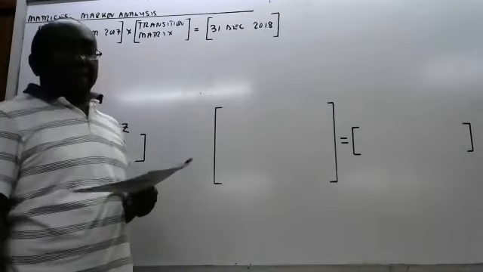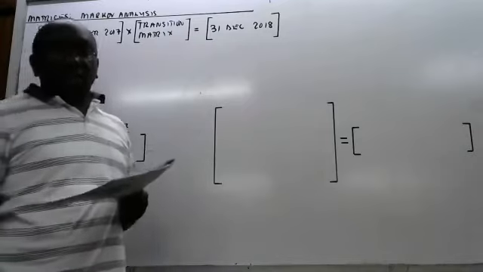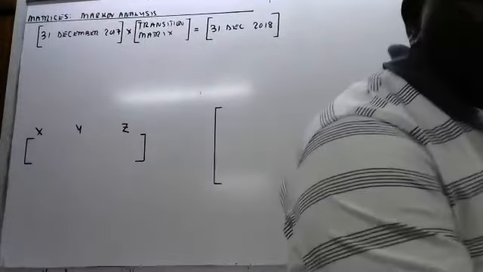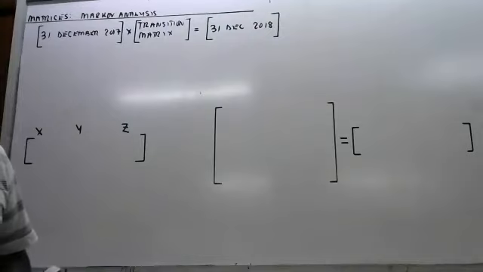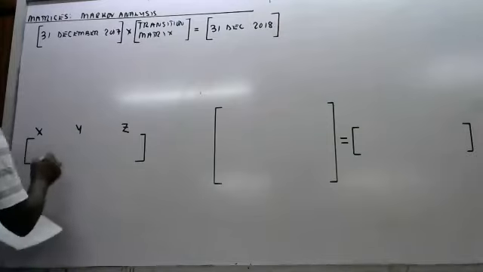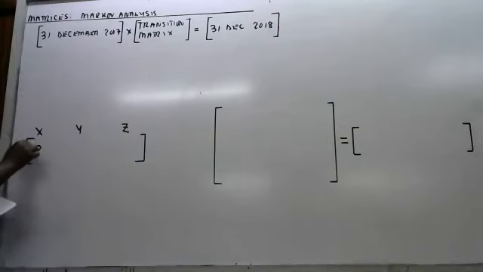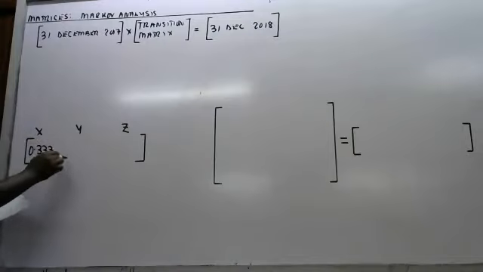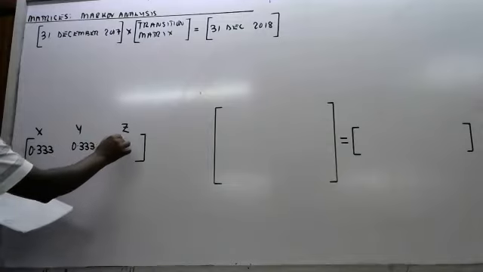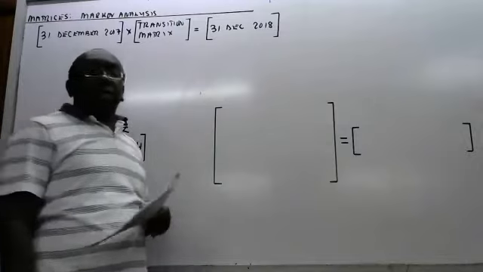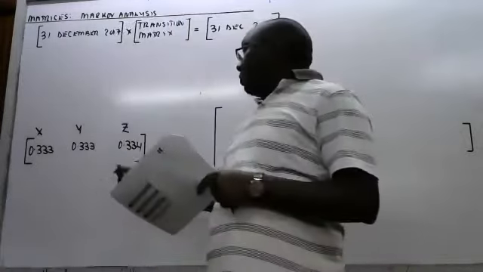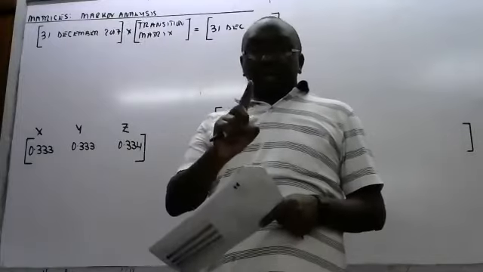So if they had equal shares, when you get 100, you divide by 3. It is 0.333. This other one, 0.333. And then this one must be 0.334. So in as much as we have been told they were equal, one of them will have a 4 so that they add exactly to 1.